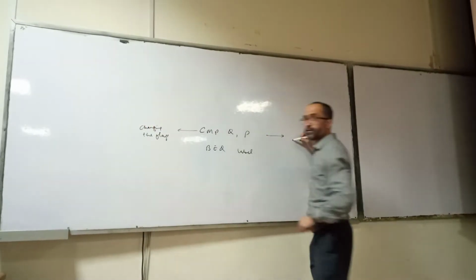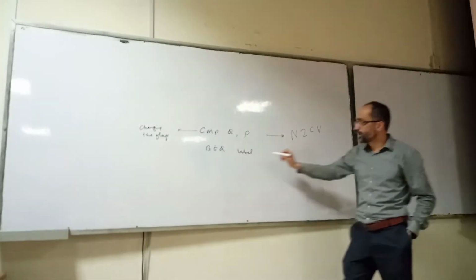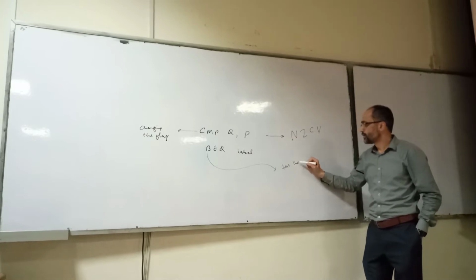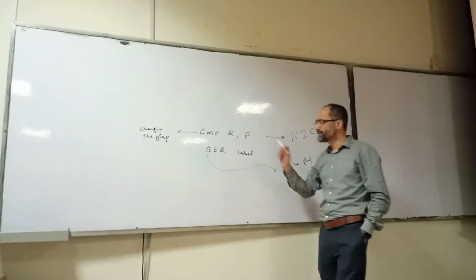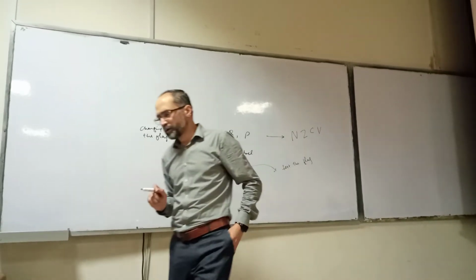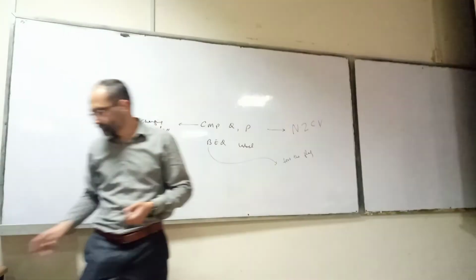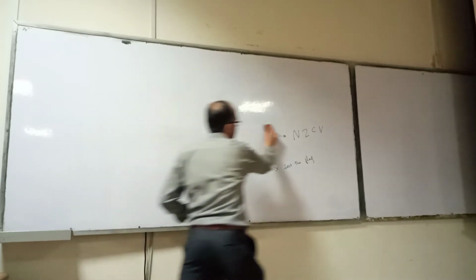N, Z, C, and V. So this is an example of a conditional branch instruction. This is a brief overview of the topics that were covered in the previous lectures.